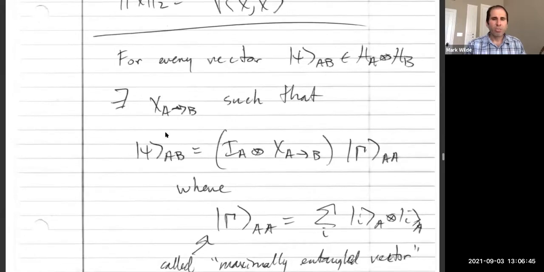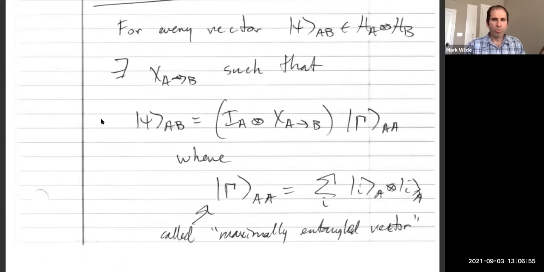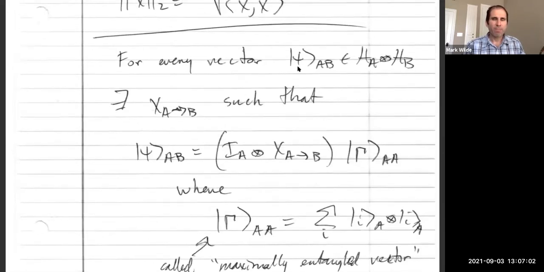Something that is pretty neat, and this actually is the encoding of an operator into a vector that I just talked about. So this is something that we'll do a fair amount. We'll make use of this trick throughout the course. And it's kind of like an isomorphism.